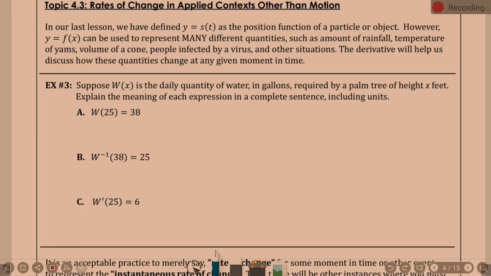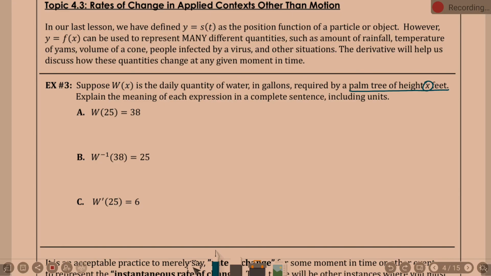It'd be a 38-foot palm tree needs 25 gallons of water. Reverse it, because it's a palm tree of height x. Why does it say W of x is water?